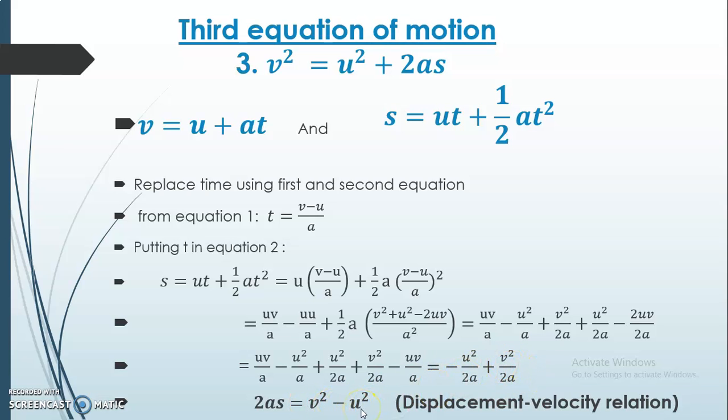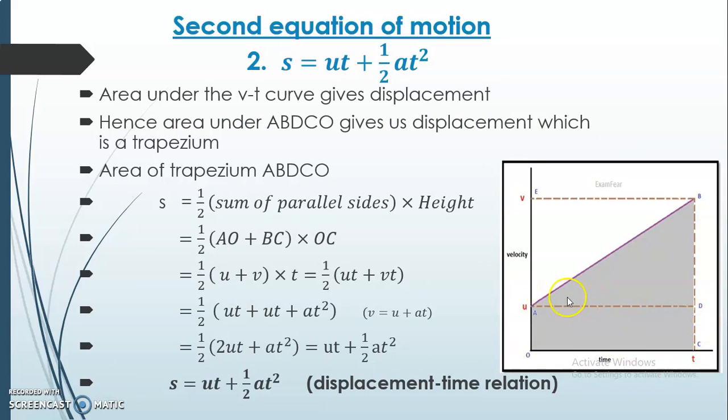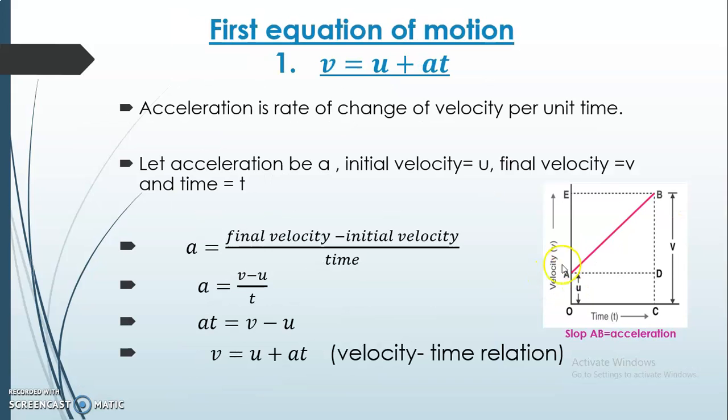So you can see that there is displacement and both these terms are velocity. This is final velocity and this is initial velocity. So this is the displacement velocity relation. And if you want to make a graph, this is based on the same graph. All the three equations are made on the same graph where initial velocity is u, final velocity is v.